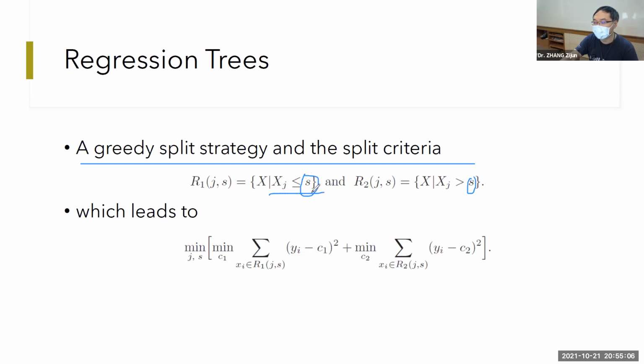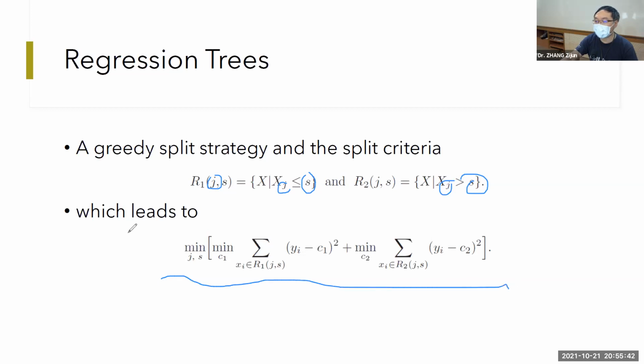If x_j is less than or equal to s, we go this way. If x_j is larger than s, we go another way. Okay. And how to determine the s? And how to determine the j? Which parameter do we need to select to split?